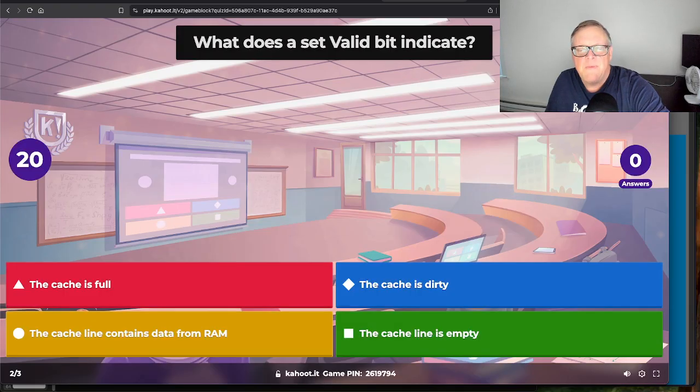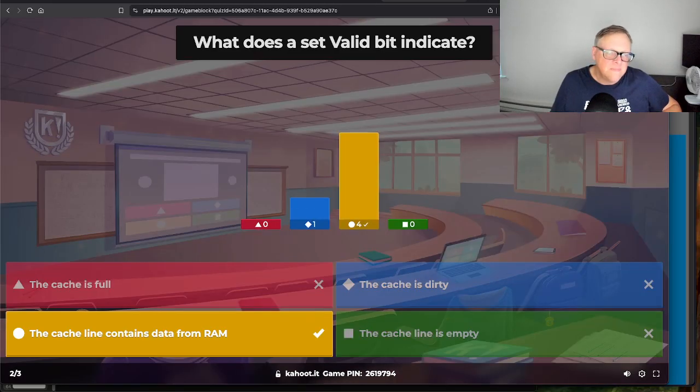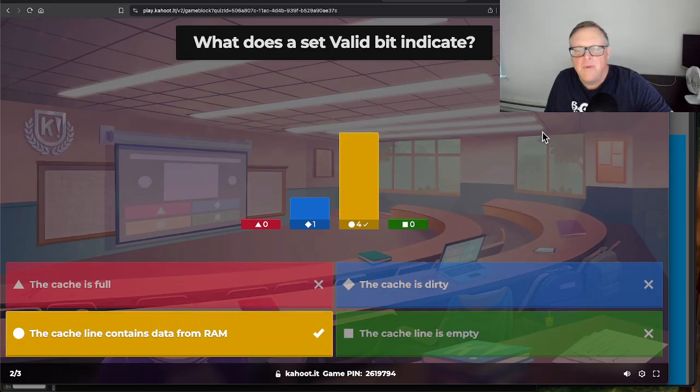So what does it mean when you have the valid bit set? Yeah, that's right. It means it contains valid data from memory. All right.